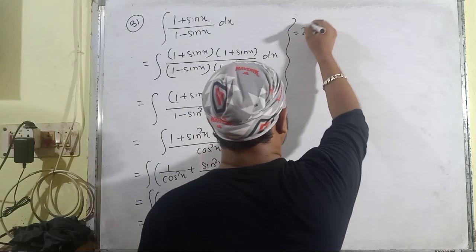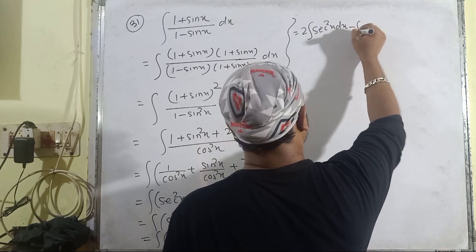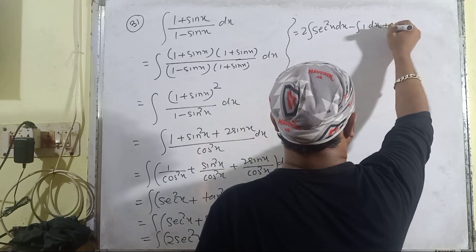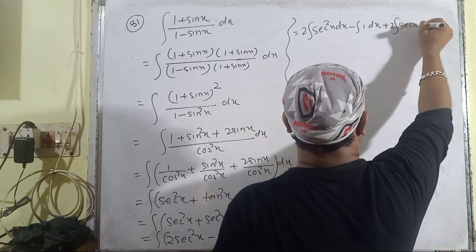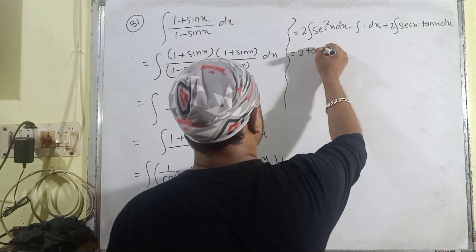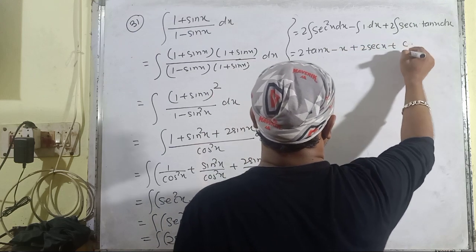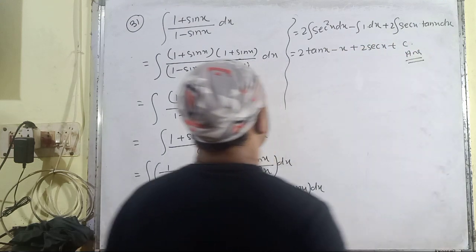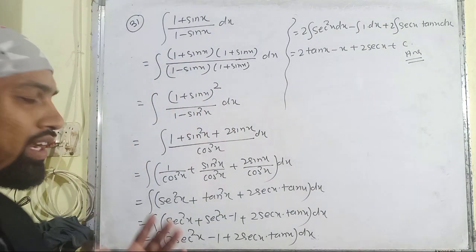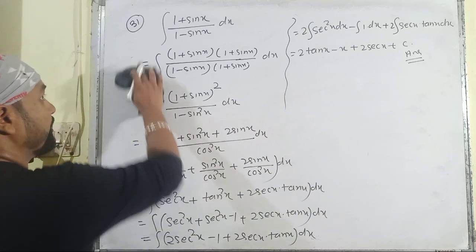So it will be 2 multiplied with integral of sec square x dx minus integral of 1 dx plus 2 multiplied with integral of sec x tan x dx. So it is 2 tan x minus x plus 2 sec x plus any constant c, and this will be the answer for problem number 31. Then coming to the last problem of this current video session, that is the problem number 32.